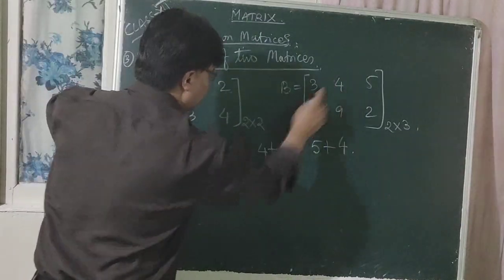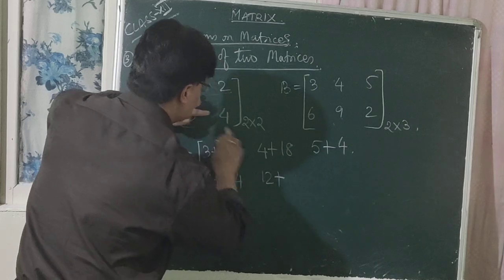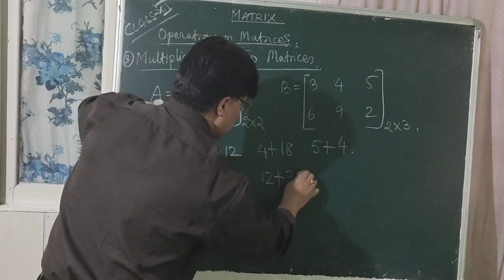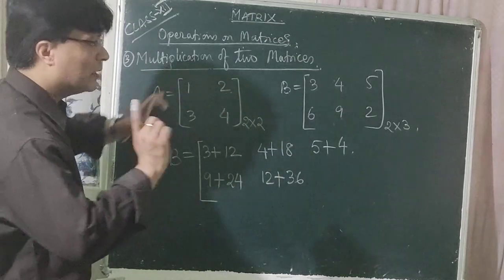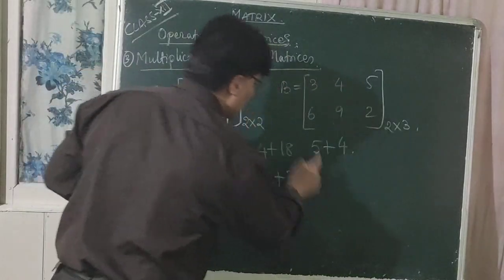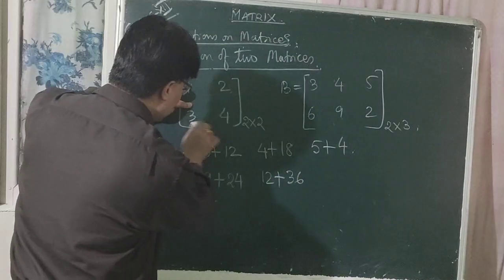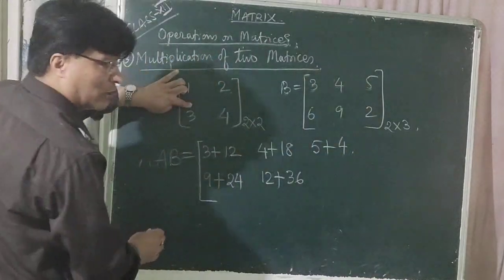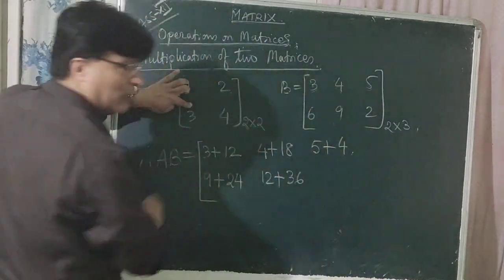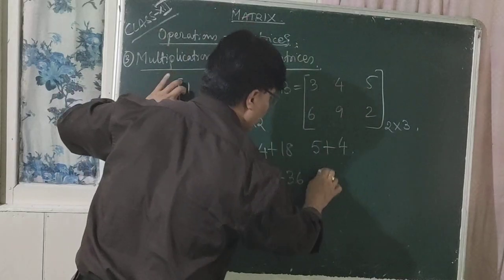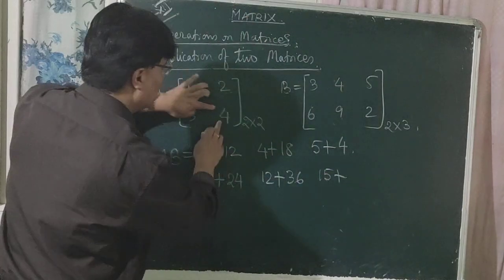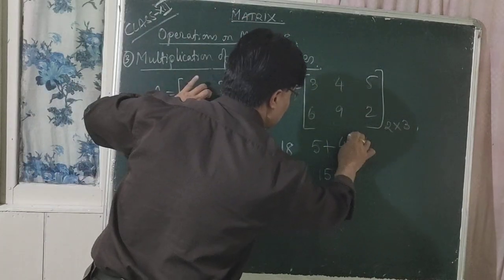That is 3 times 4 is 12 plus 4 times 9 is 36. Is that clear? Next, what will be the third element of the second row? Again, this second row should be multiplied by this third column. So corresponding elements should be multiplied. 3 times 5 is 15 plus 4 times 2 is 8.